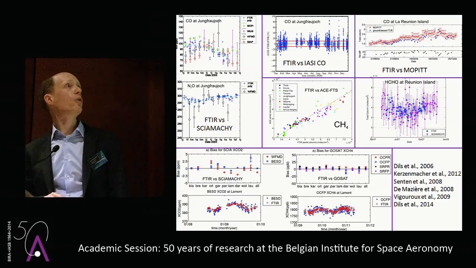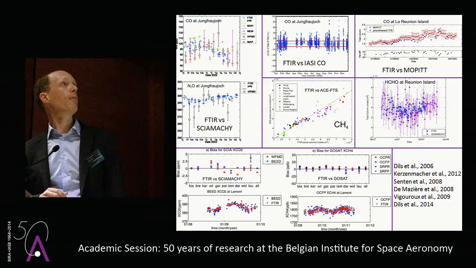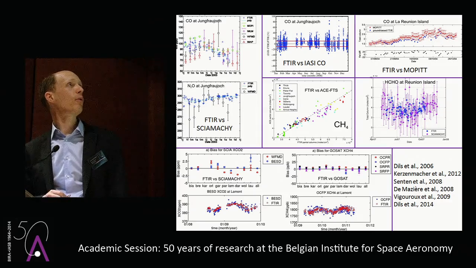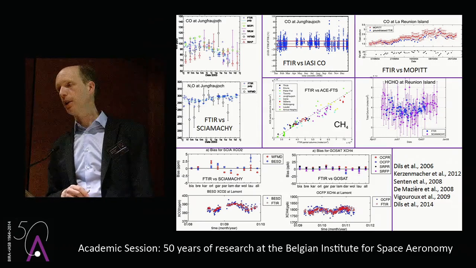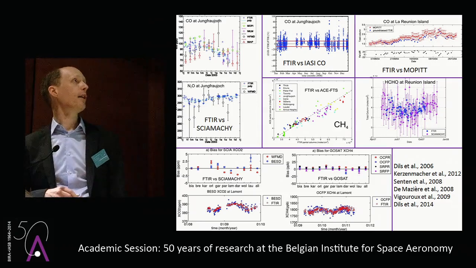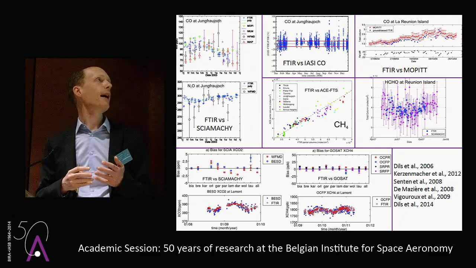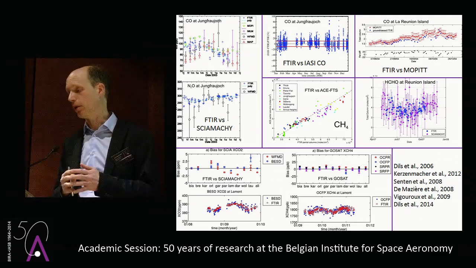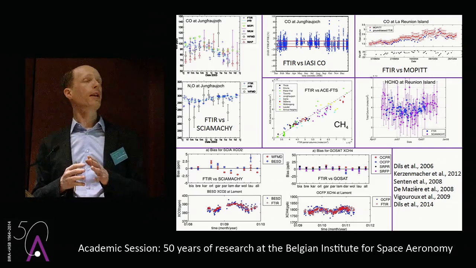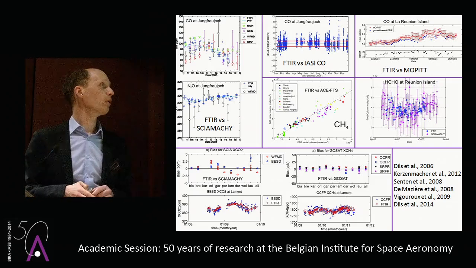So they are using data from La Réunion Island, for example, in those cases, but also from a large number of stations for which data is available in order to provide characterization of the satellite performance in different parts of the world.